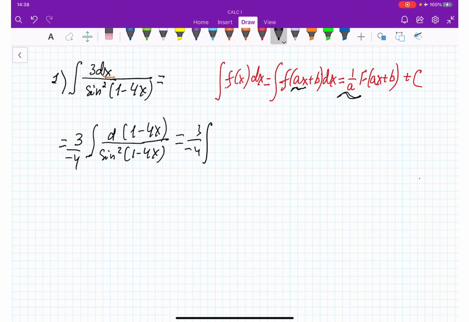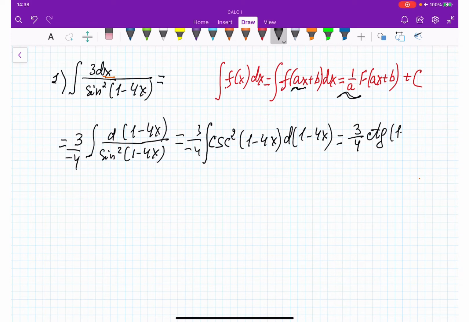The integral of 1 over sine squared is cosecant squared, correct? So it is the integral of cosecant squared of (1 minus 4x) d(1 minus 4x), and the answer is going to be 3/4 cotangent of (1 minus 4x) plus c.